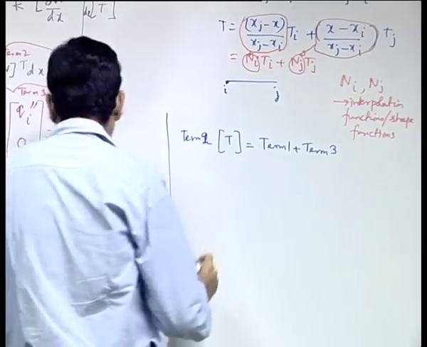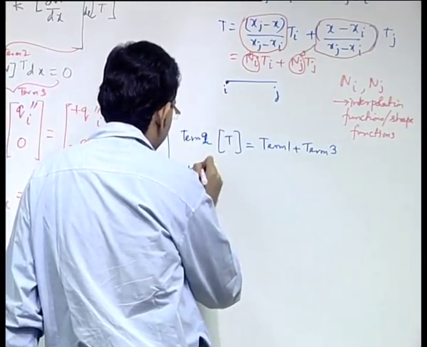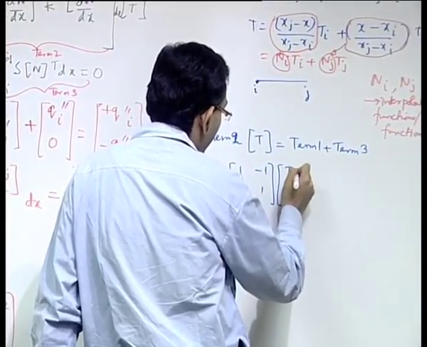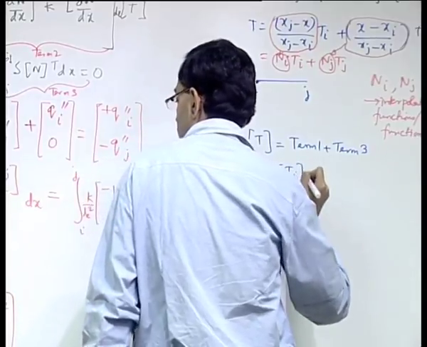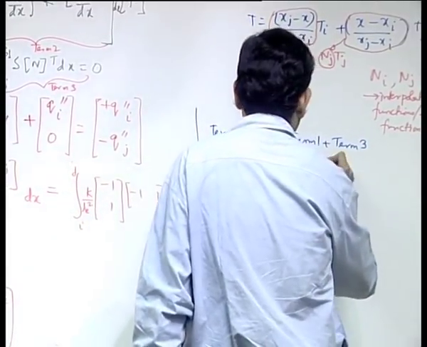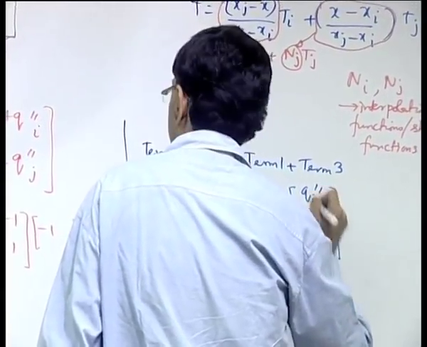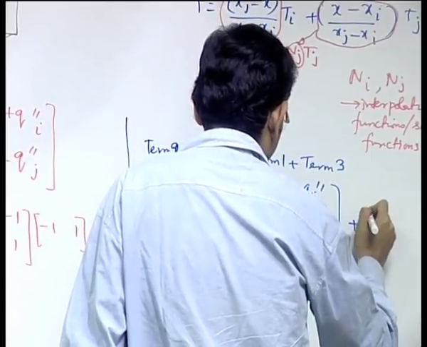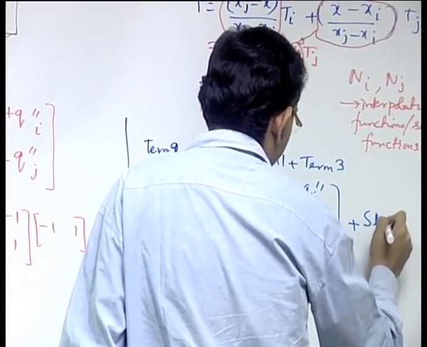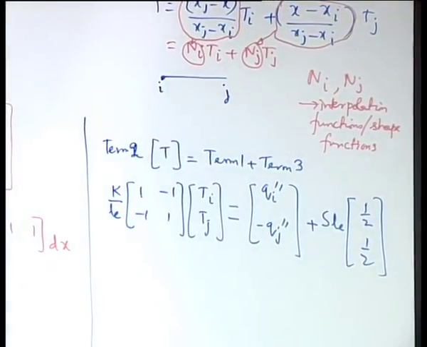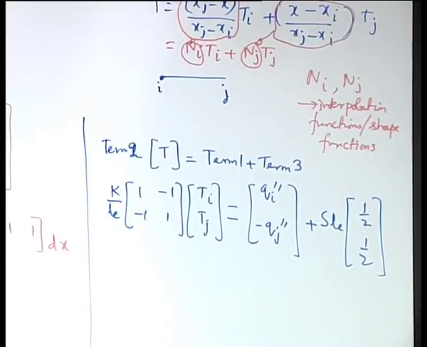So, K by Le times the matrix [1 -1; -1 1] acting on Ti and Tj is equal to the right hand side. This is what you write for each element.